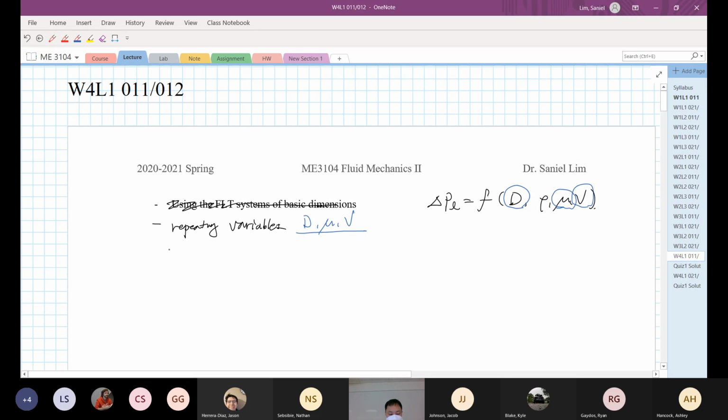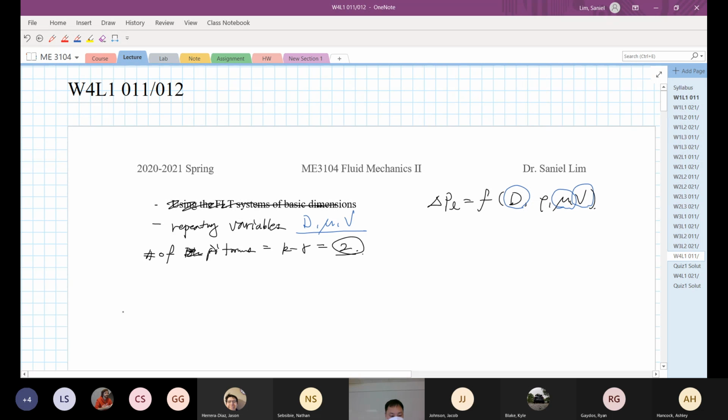Of course, all the same, the number of dimensionless coefficients, the pi terms, is k minus r, which is just 2. You're going to see two pi terms here.